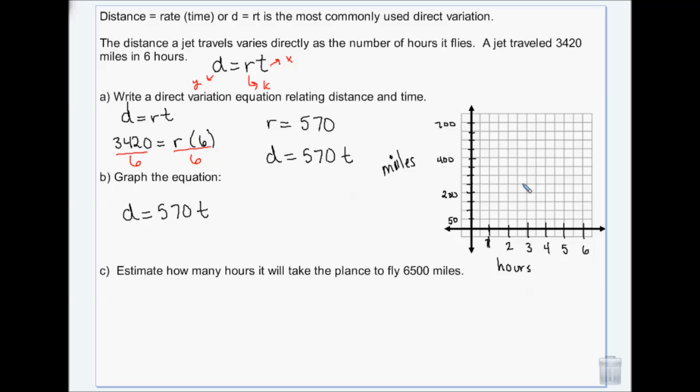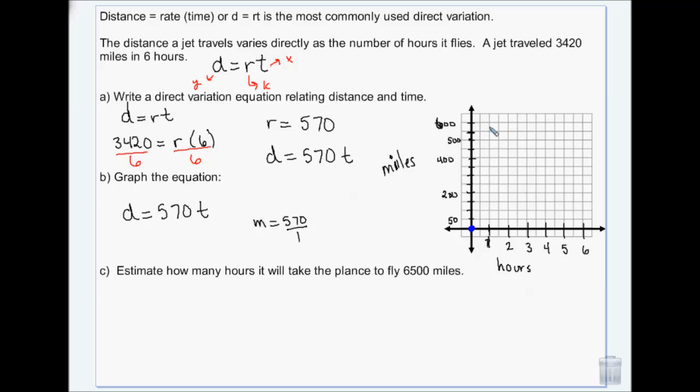It's a direct variation, so it always goes through 0, 0. So my first point is going to be on 0, 0. My slope is 570 over 1, so I'm going to have to go up 570 and over 1. Well, 500 is right here. Oops, sorry, that's 600, not 700. Okay, 500 is right here. This is 500. This is 550. So 570 is probably going to be about halfway between those two.